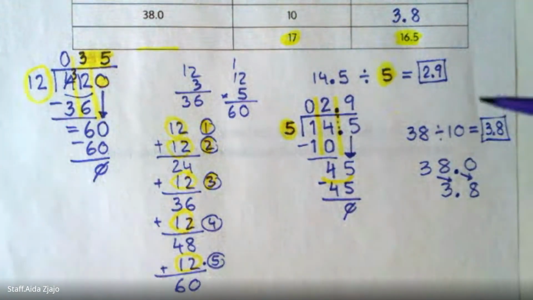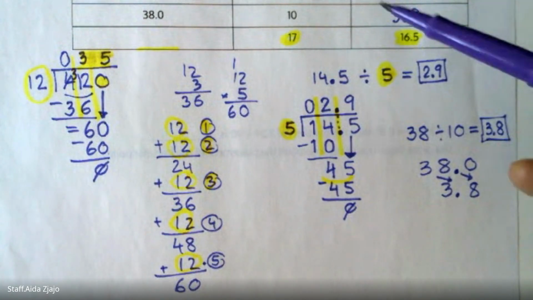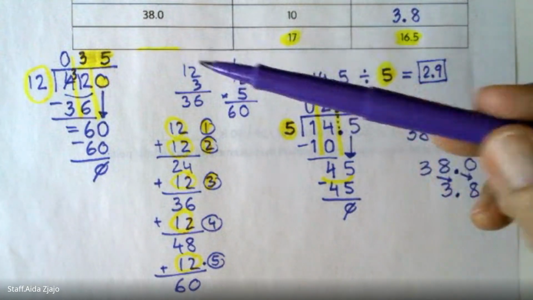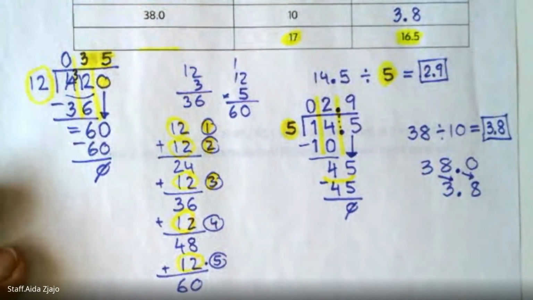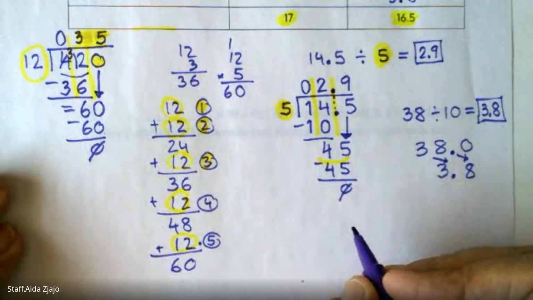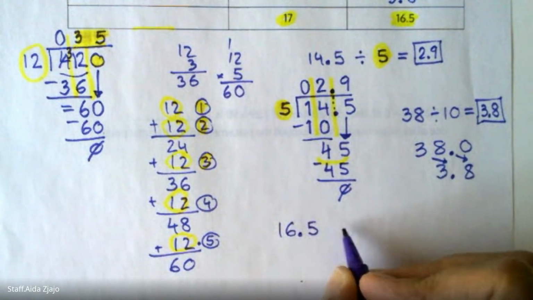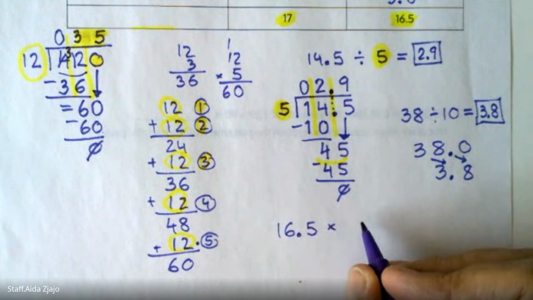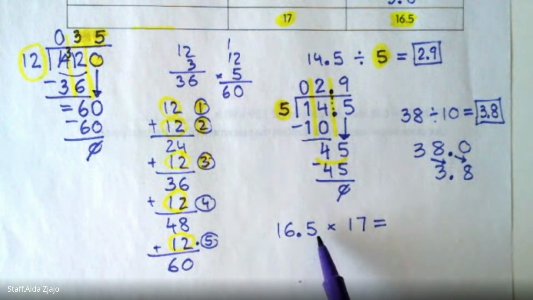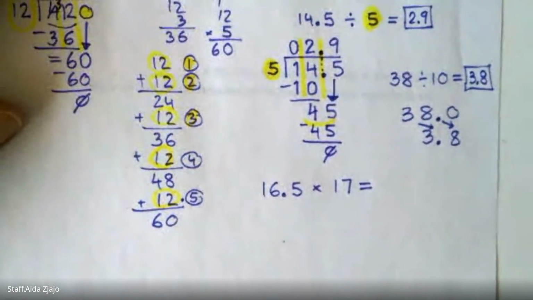So what we need to do is 17 times 16 and 5 tenths, which will give us the total number of miles they ran. I can think about 16 and 5 tenths times 17. I can think 165 tenths times 17 and then use that.